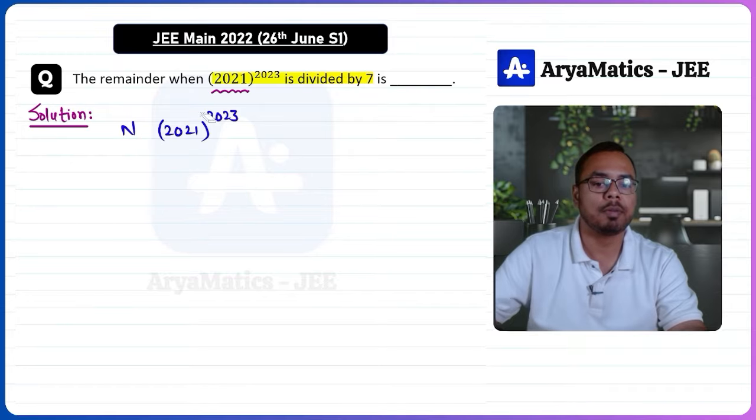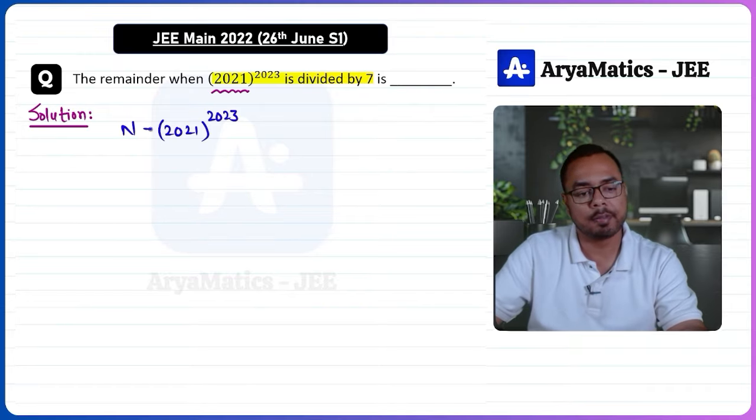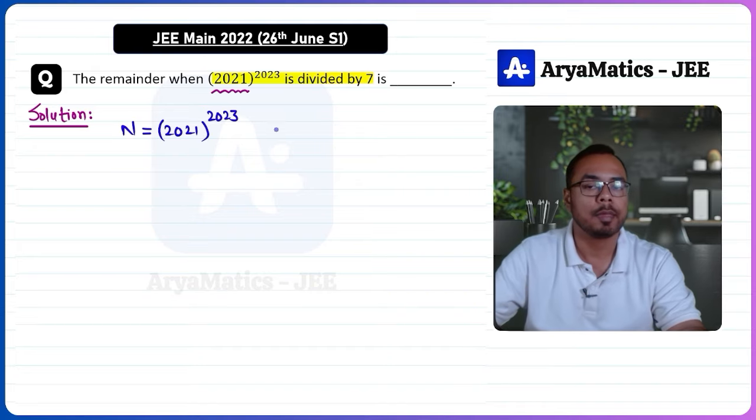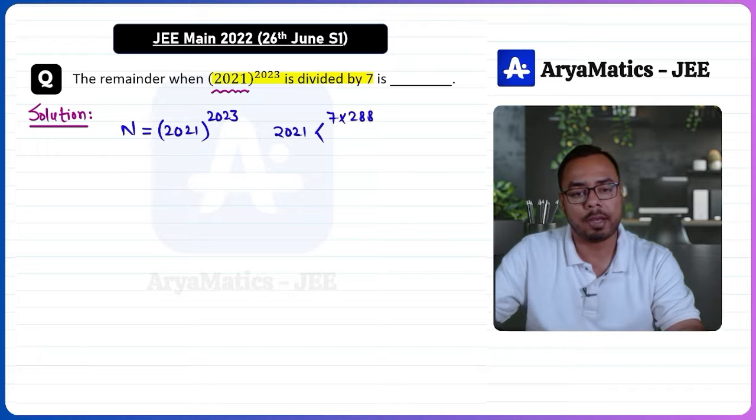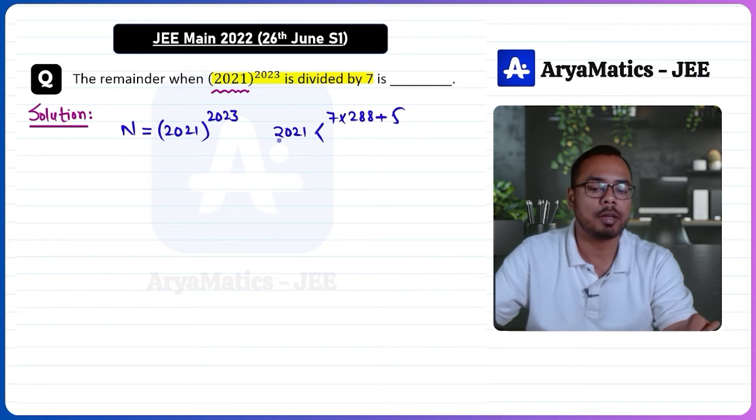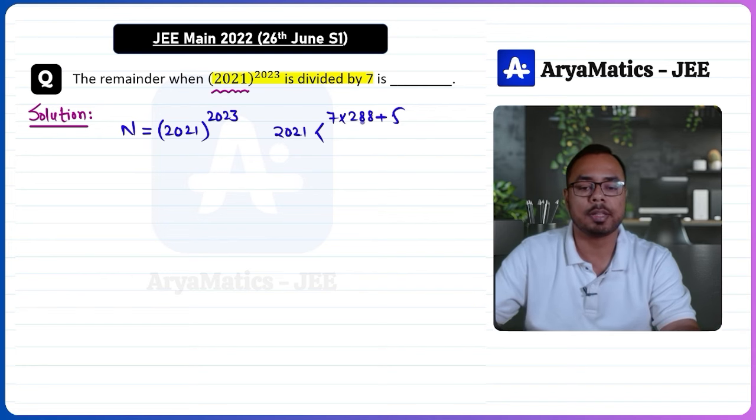First, we have to divide 2021 by 7 and see what remainder we get, to see how we can reduce this base. When you divide 2021 by 7, you will get 7 into 288 plus 5. This is one way in which you can write 2021 as a multiple of 7 plus some remainder.